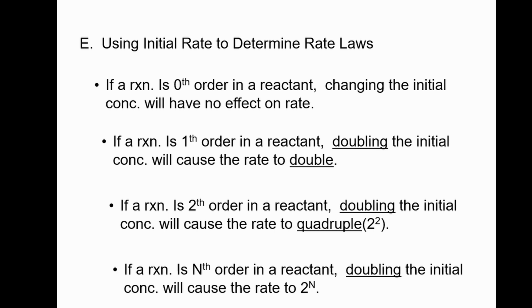If a reaction is first order in a reactant, doubling the initial concentration will cause the rate to double. If a reaction is second order in a reactant, doubling the initial concentration will cause the rate to quadruple. So if a reaction is nth order, any type of order, doubling the initial concentration will cause the rate to do this.